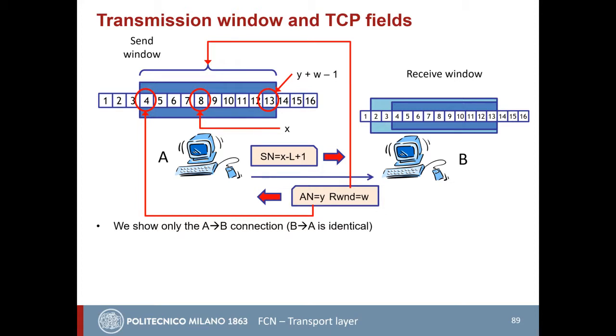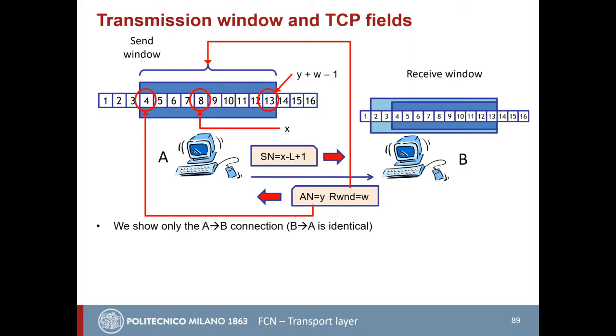So the flow control is based on the sliding window mechanism, with the plus that the window size is dynamically controlled by the receiver. Here you see the array of small rectangles.